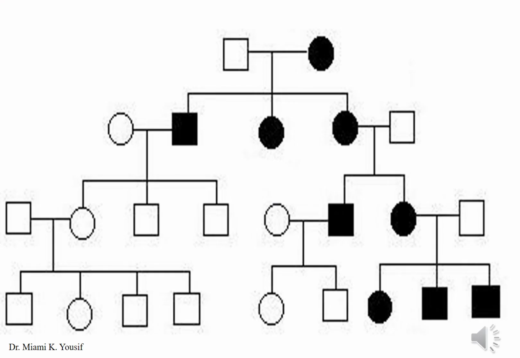This slide shows mitochondrial inheritance. We can see the mother transmits the disease to all siblings, males and females, while the father cannot. So all the transmission of disease is through the mother, and all siblings are affected of both sexes.